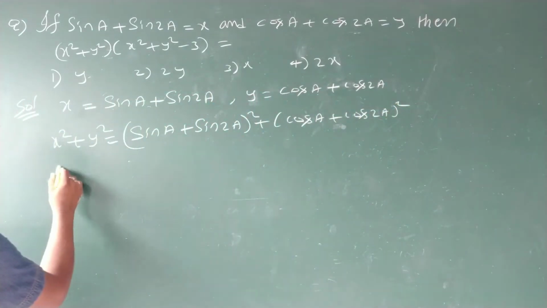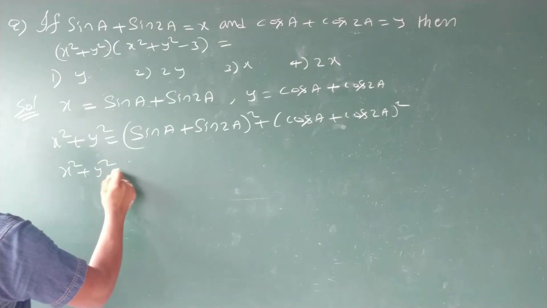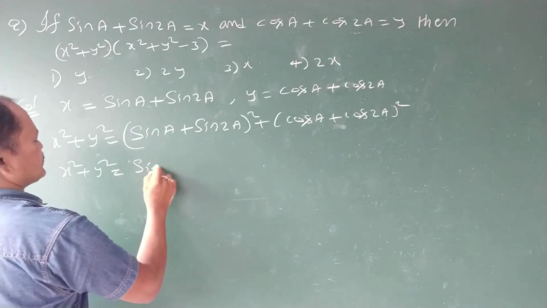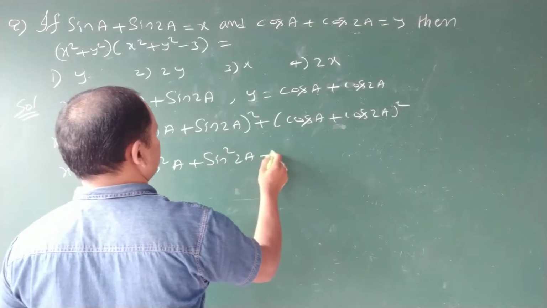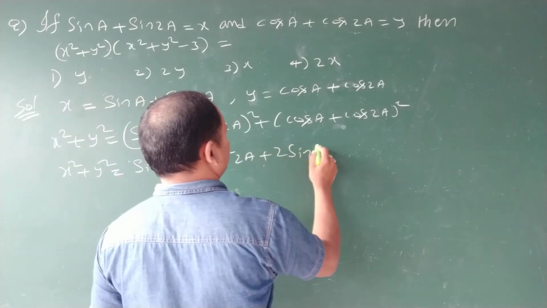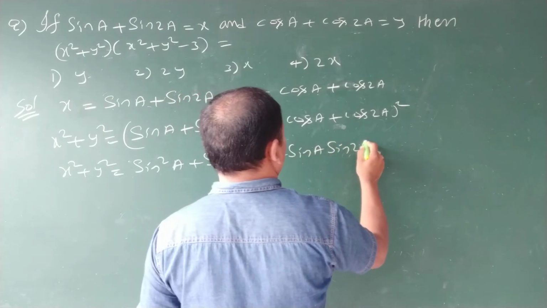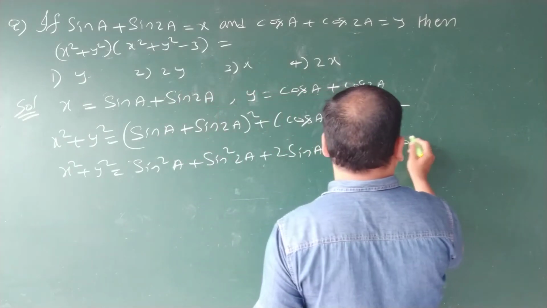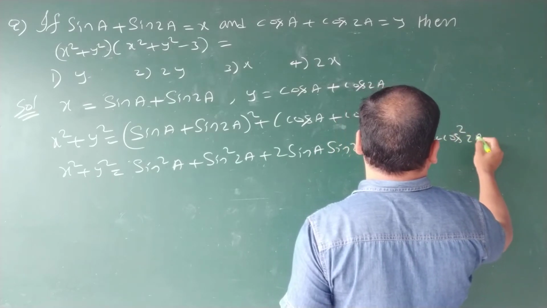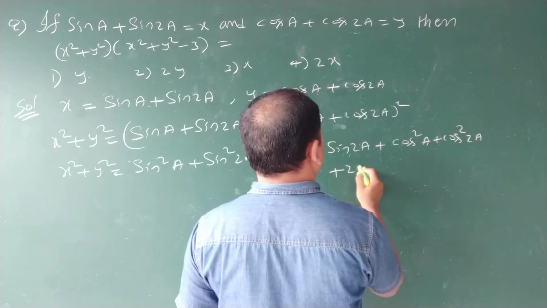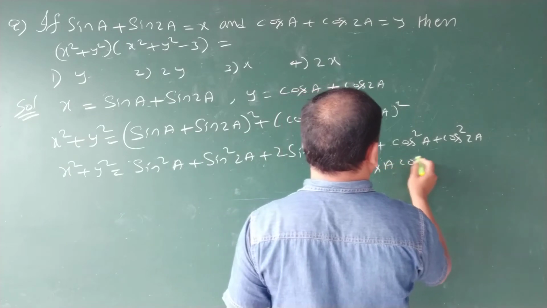Now expand this: sin square a plus sin square 2a plus 2 sin a into sin 2a plus cos square a plus cos square 2a plus 2 cos a cos 2a.